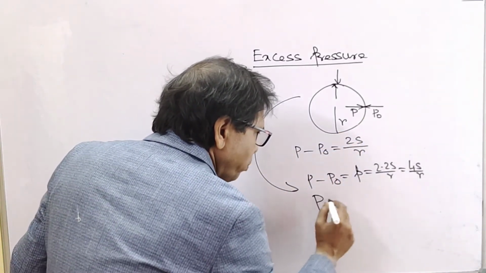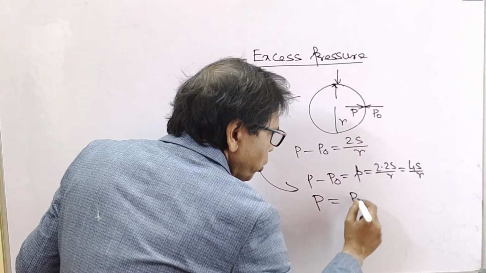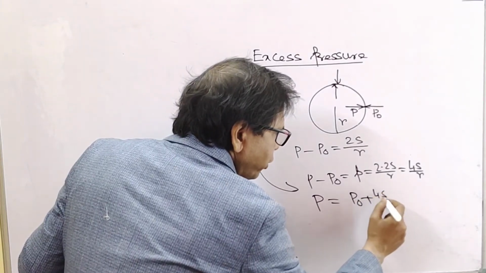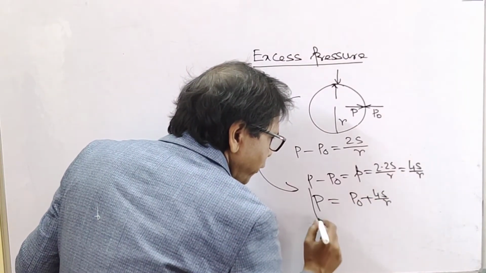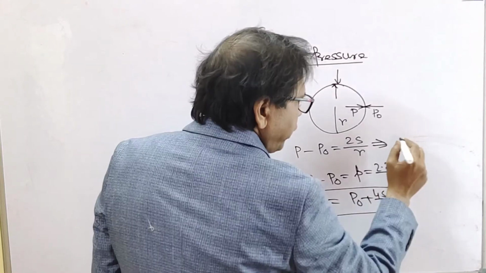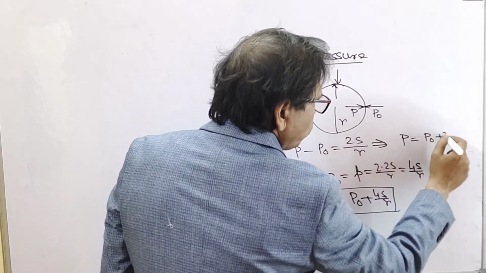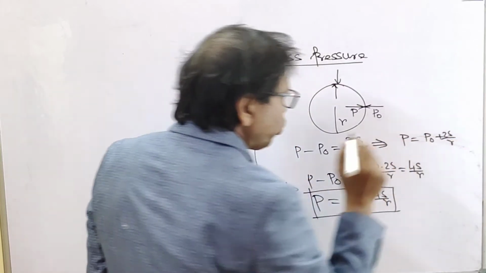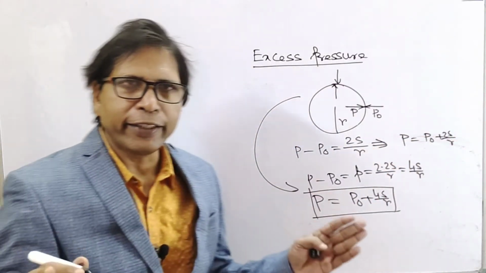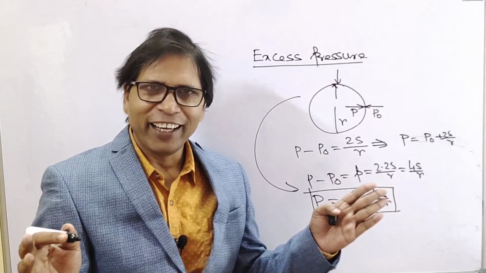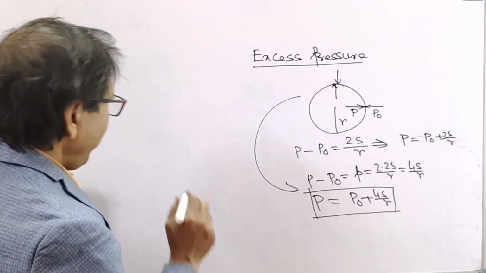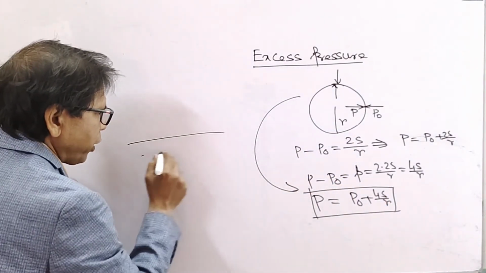The total pressure P equals P₀ plus 4S/r in the case of a soap bubble. In the case of another bubble, P equals P₀ plus 2S/r is the total pressure acting on it.